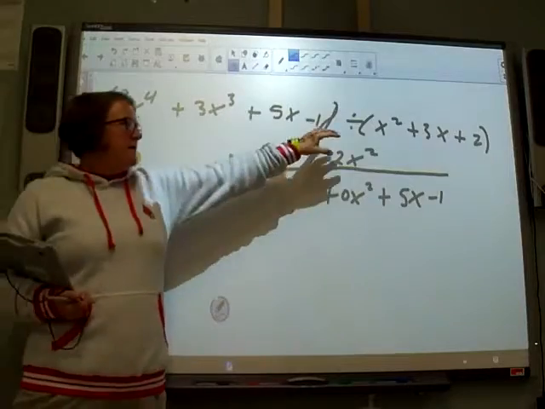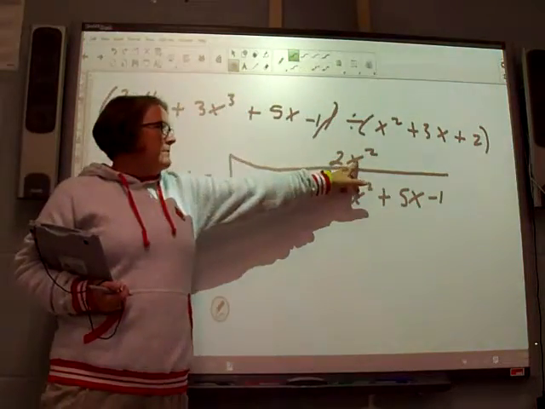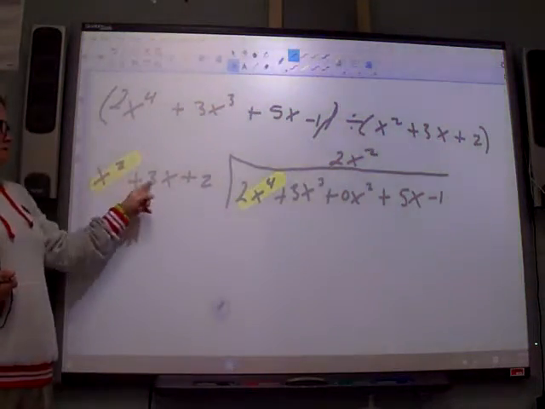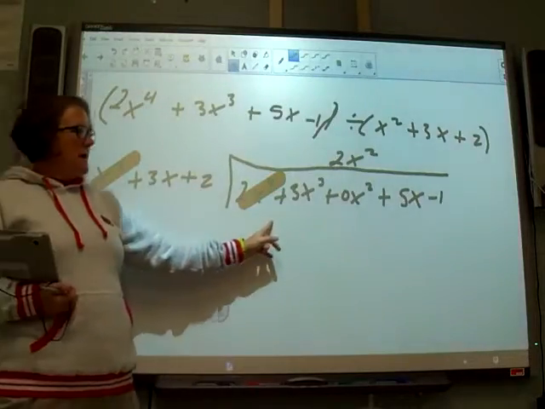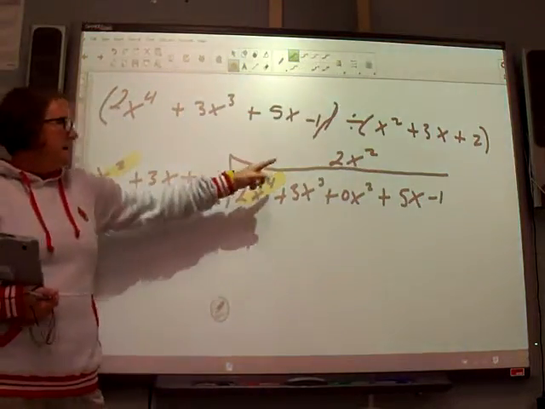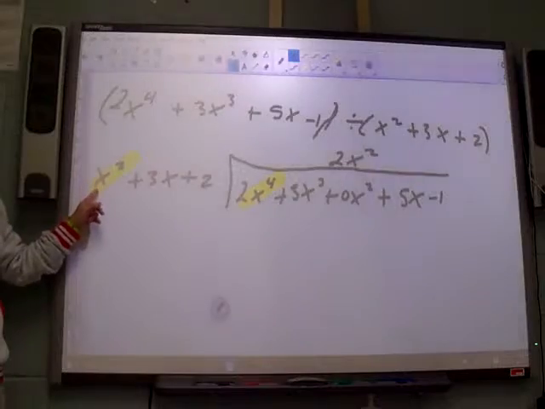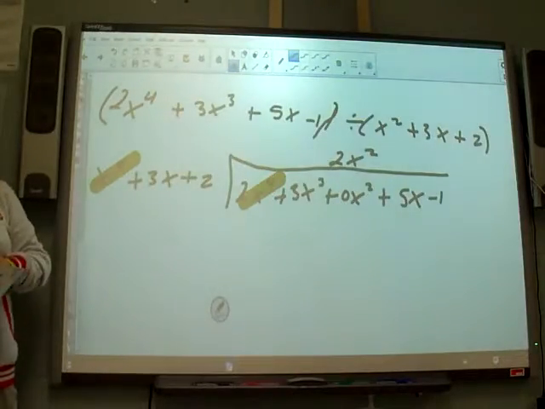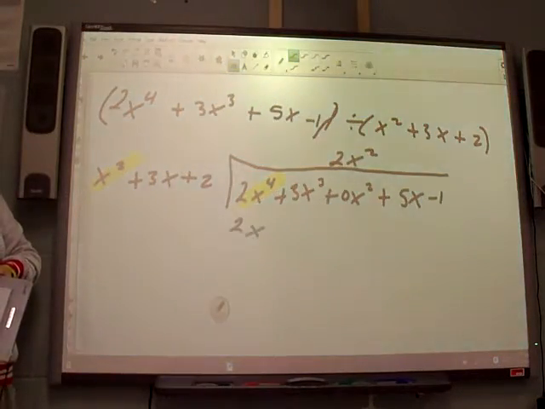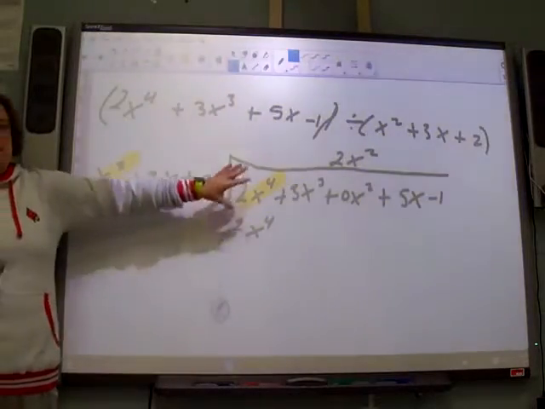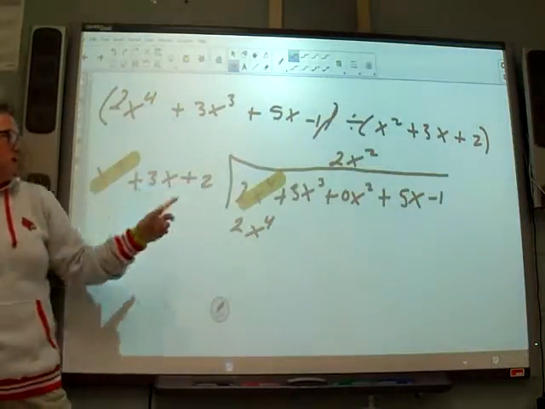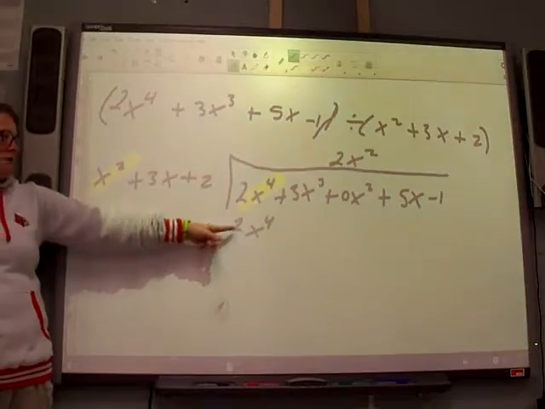So now once you figure that out, you're going to take that number and you got to distribute it to all 3 of these and it'll line up underneath here. So we got to do 2x squared times x squared. That should get you 2x to the 4th. Remember, that was the whole point. We were trying to get that same thing. So 2x squared times x squared, 2x to the 4th.